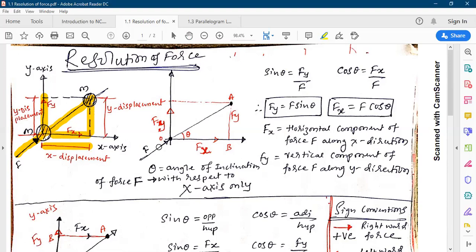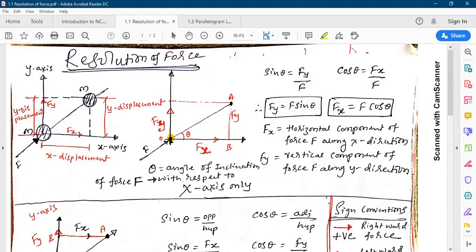So let us draw a small line diagram. Let us consider each body as a small particle. In the idealization of mechanics, we have said that each and every object will be considered as a small particle irrespective of its size or shape.